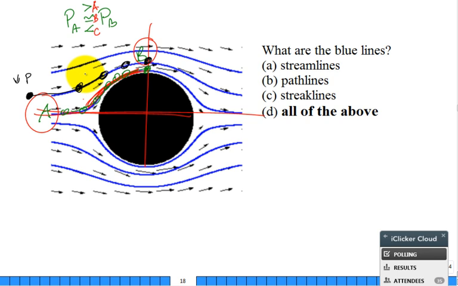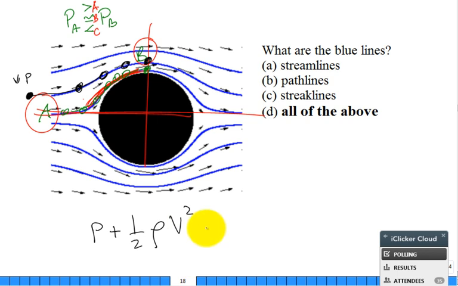Bernoulli's equation. Can you recall Bernoulli's equation from memory? Pressure plus 1/2 rho, what is rho? Mass density of the fluid, and then V squared. Now you could put gz in that, but let's neglect elevation.